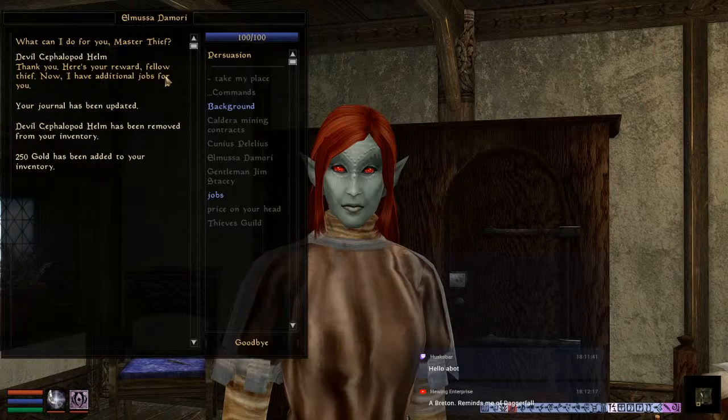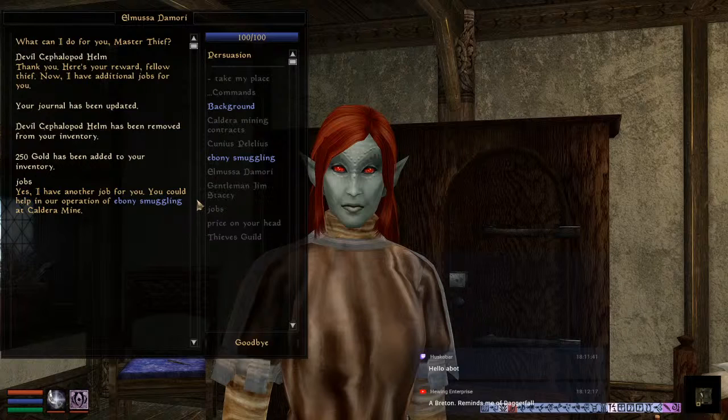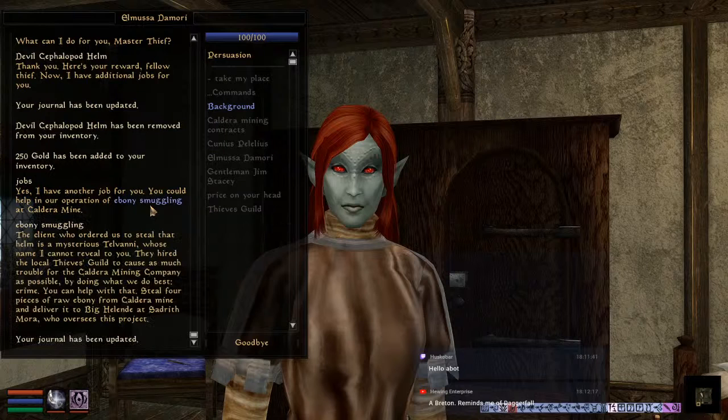El Musa Damurai thanked me for acquiring the Devil Cephalopod helm for her. I have another job for you. You could help in our operation of ebony smuggling.